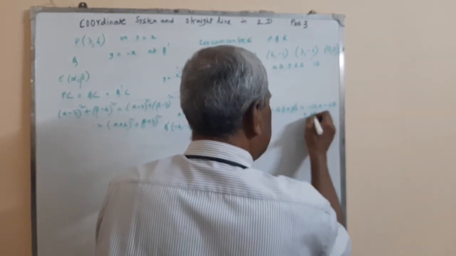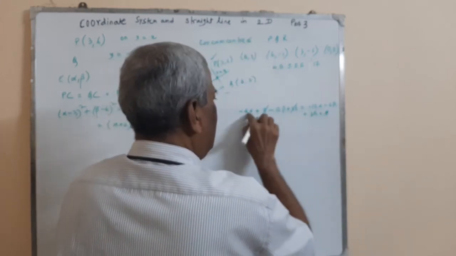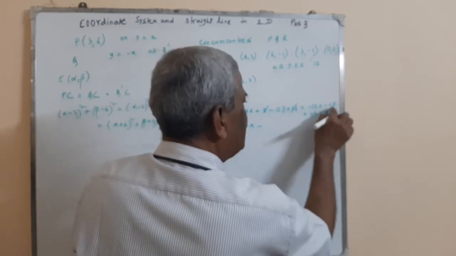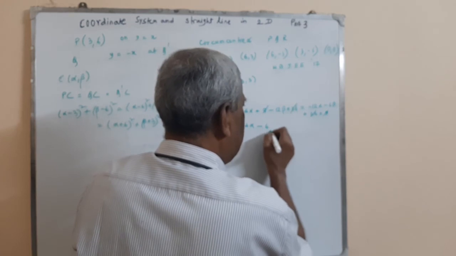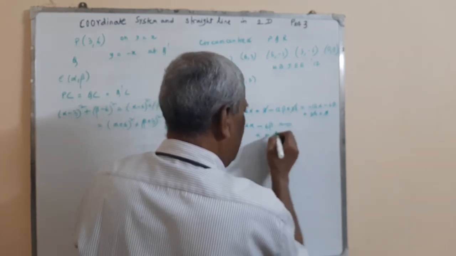This 36 cancels, 9 cancels, so that we get 6 alpha minus 6 beta is equal to 0. So alpha is equal to beta, number 1.